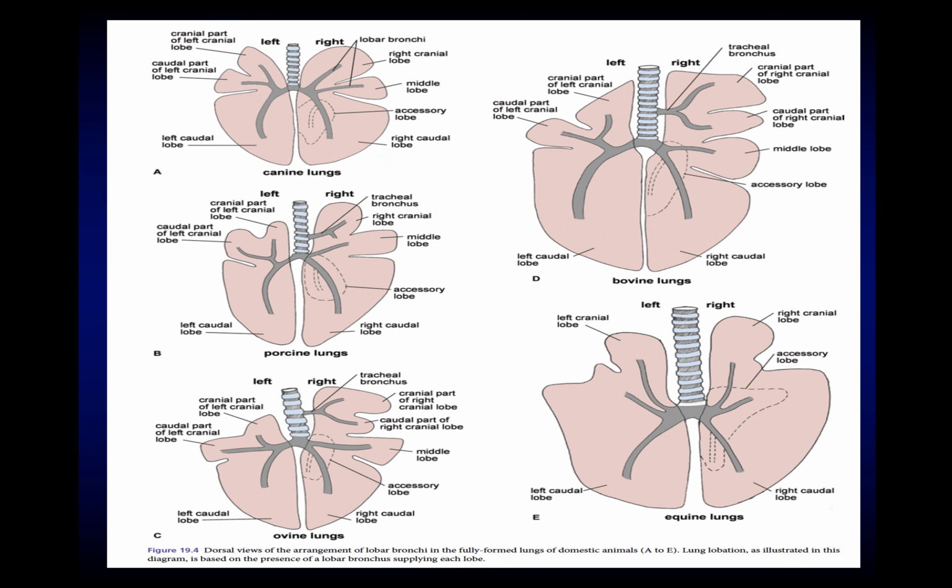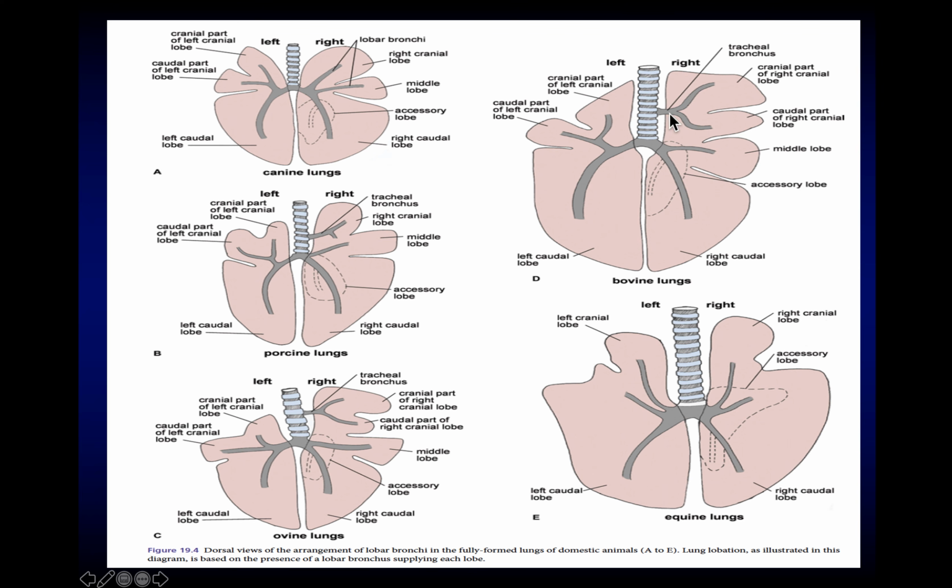Now, just to remind you about the divisions of the lungs. For example, here we have the canine, we have the right, we have the cranial, we have the middle, the caudal, we have the accessory, and each one of them will be supplied by a separate lobar bronchus, whereas the left lung will be supplied by two lobar bronchi, and this marks their division, which is the cranial and the caudal.